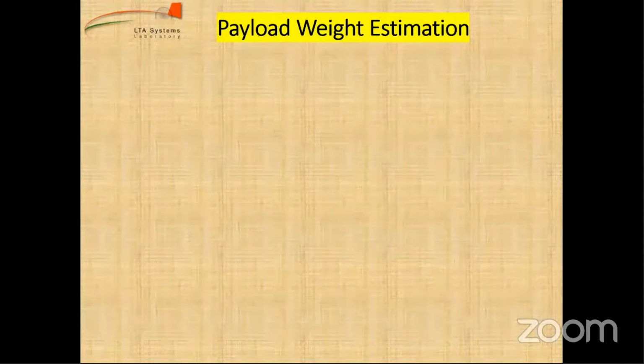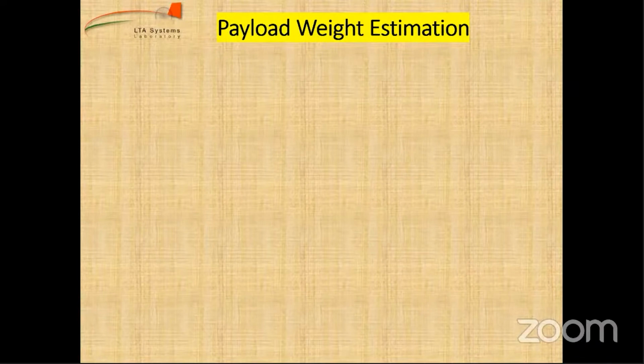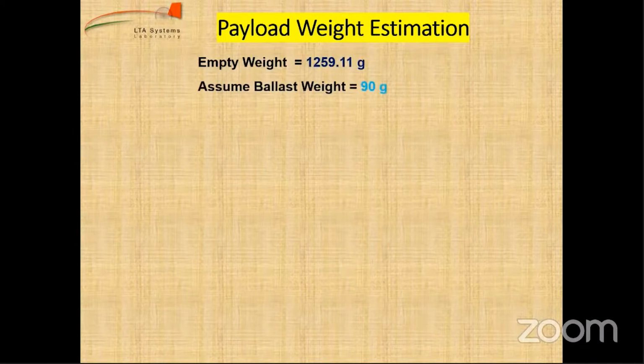For estimating the payload weight, given we know its net lift and other things, we know the empty weight of the airship is this. We are assuming that we can put 90 grams of ballast in the airship. This is an assumption we are making at this point.